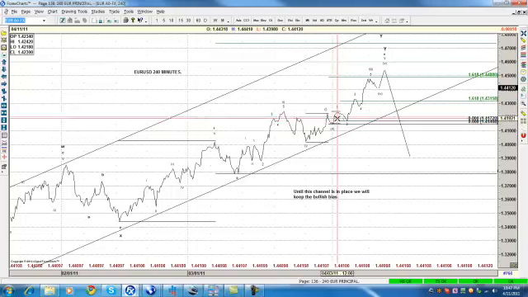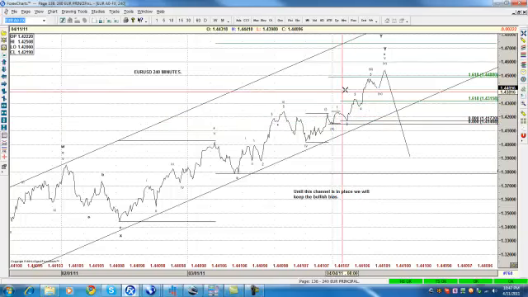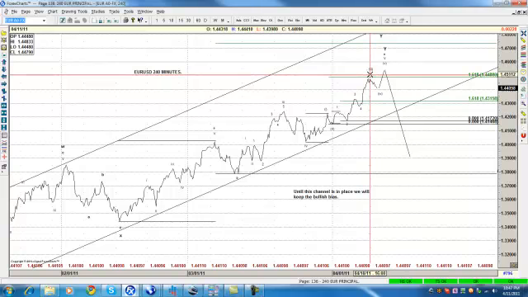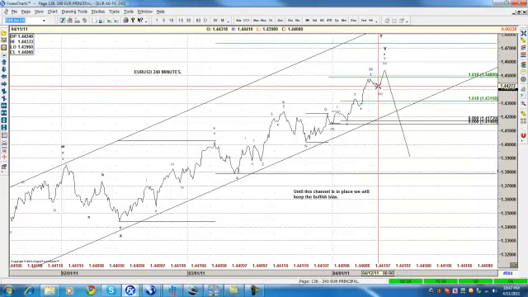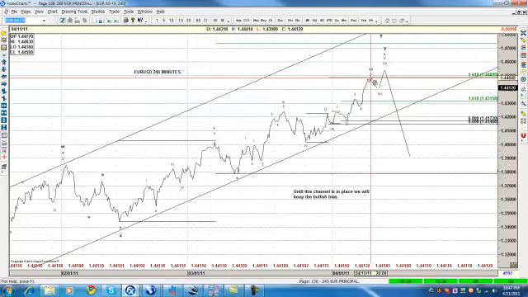Wave 3 of these two is to the 1618. So if this count is correct, the euro should top with a new high, which should happen around one minimum. That's what we got.